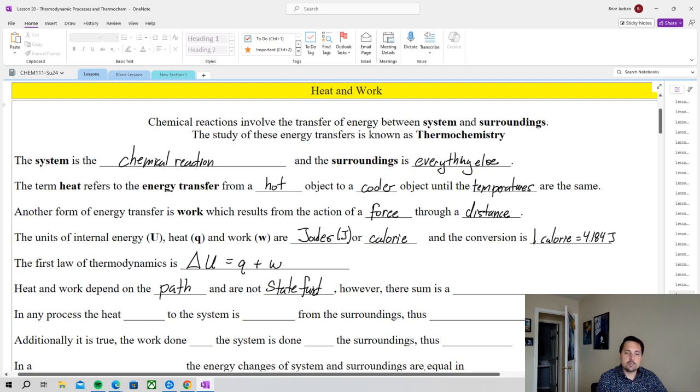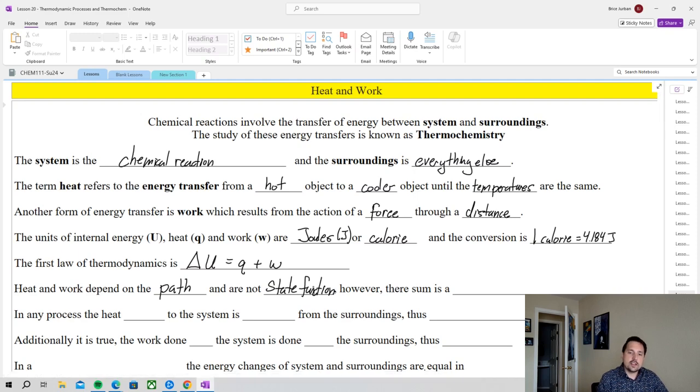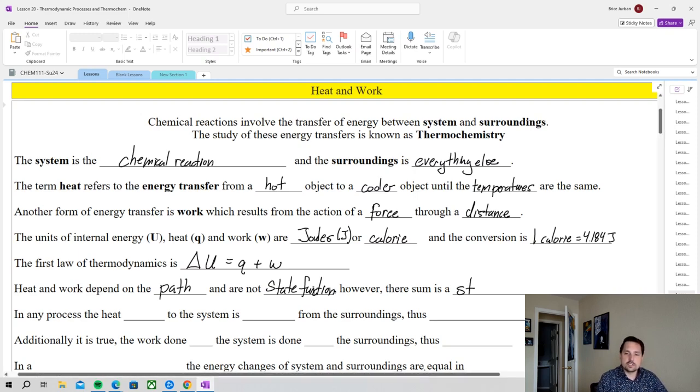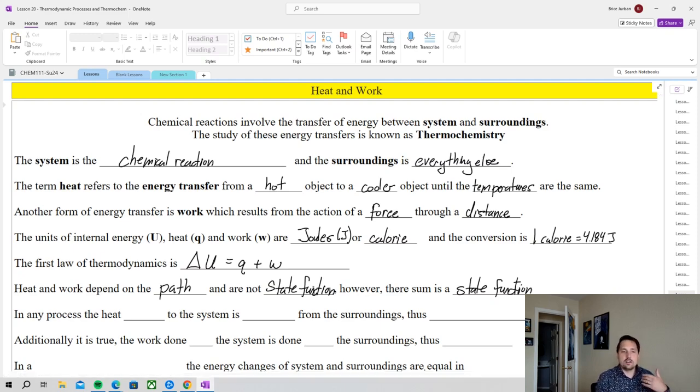A state function is something that is path invariant. But one kind of interesting thing is that the sum of the heat and the work is a state function. It's known as the internal energy. And state functions are really useful in that you can sum them or subtract them to get you a new energy change for a different reaction. And so we want to know what the state functions are.